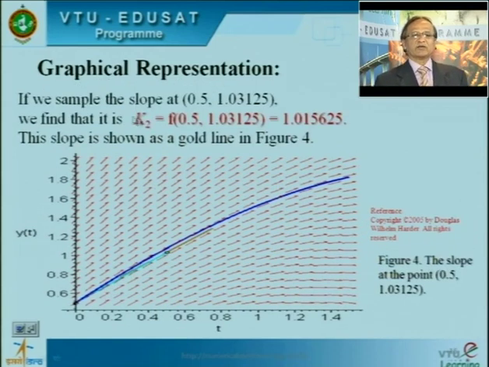Similarly, we can calculate k2, replace x coordinate by 0.5 and y coordinate by 1.03. So, I am using k1 to estimate k2. Finally, after simplification I can obtain 1.015625, and again this represents the slope with a golden straight line that we are observing corresponding to 0.5. So, we have obtained the slope.